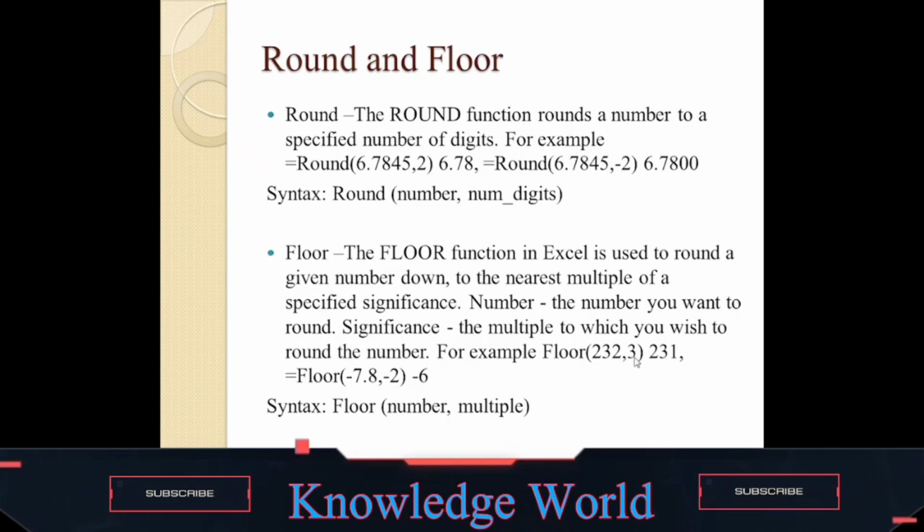To get the multiple of 3, that is 231, the nearest number which is a multiple of 3. In the second case, there is a negative number and a negative multiple: -7.8 comma -2, the answer will be -6, because it shows the largest value which is a multiple of -2, that is -6.